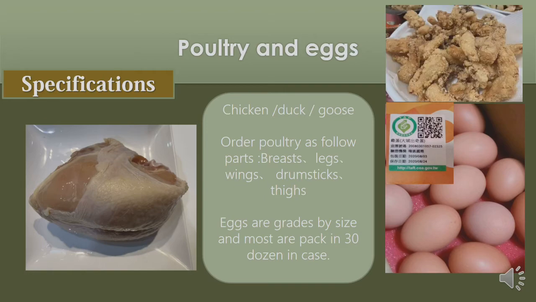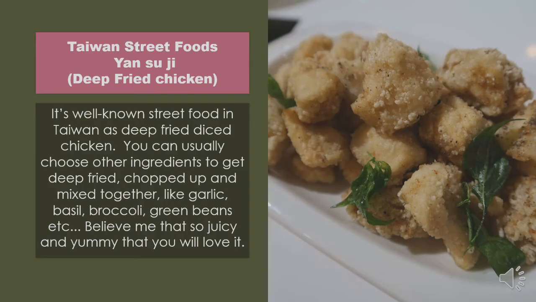Okay, so as you can see, there is the deep fry. I think that's wings and legs, so it's deep fried chicken. Obviously, it has the bones on it. That is quite famous Taiwan street food, 咸酥鸡, deep fried chicken. It is well-known street food in Taiwan as deep fried diced chicken. You can always choose other ingredients to get deep fried and mix together, like fried garlic, basil, or maybe broccoli, green beans, and extras.